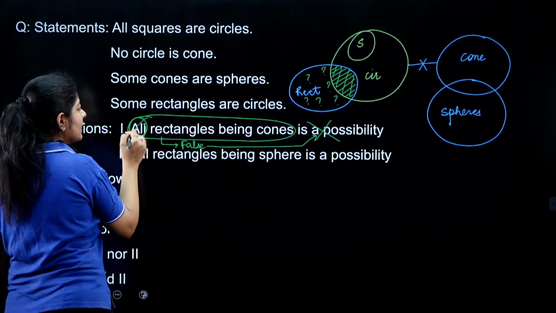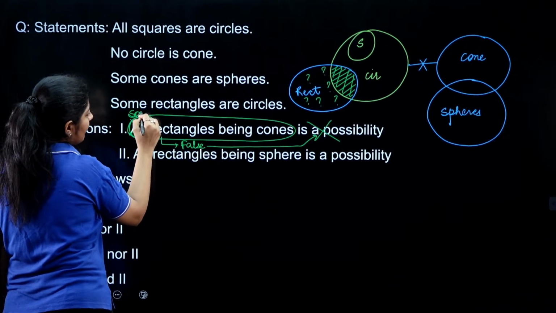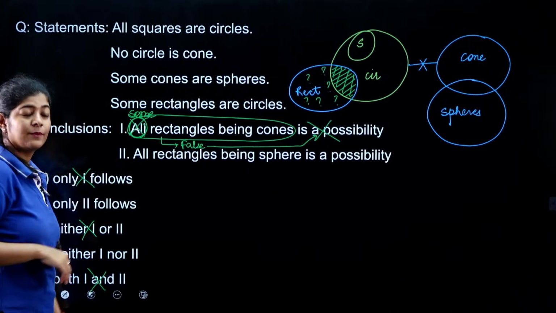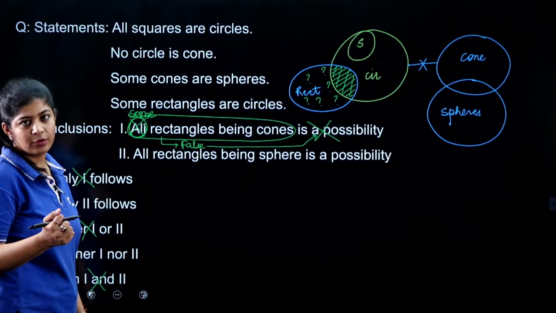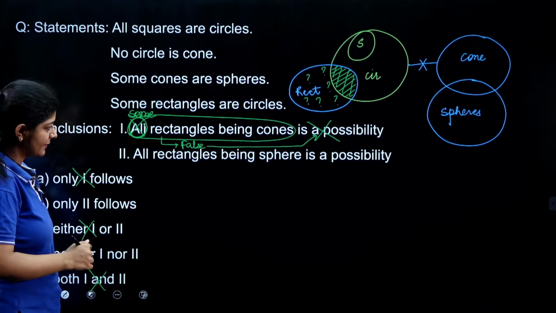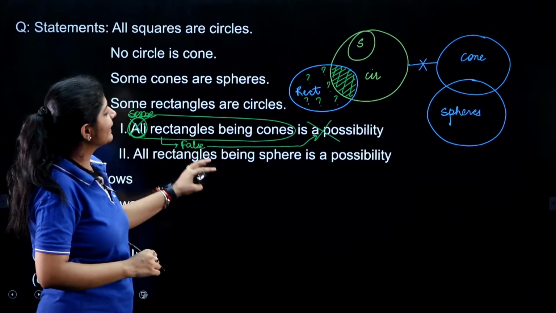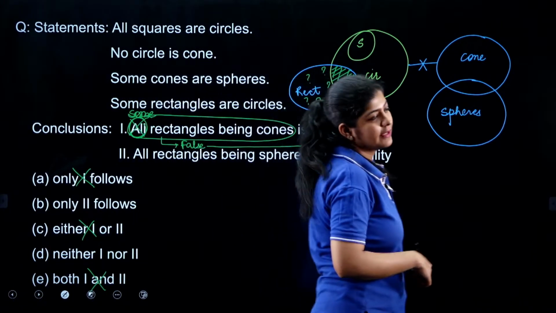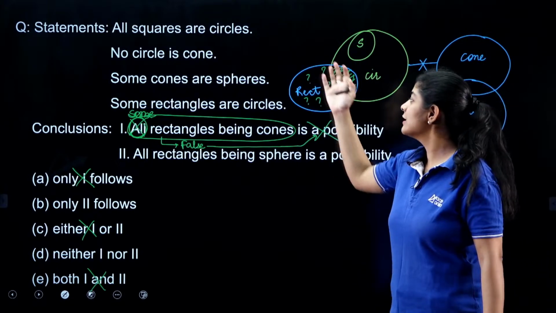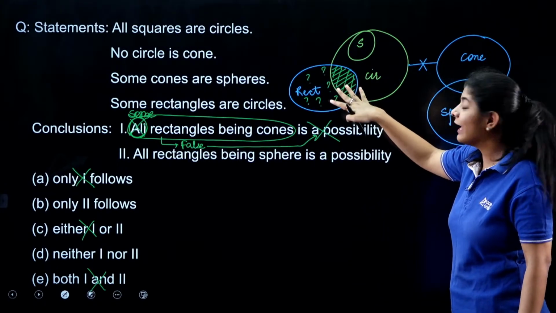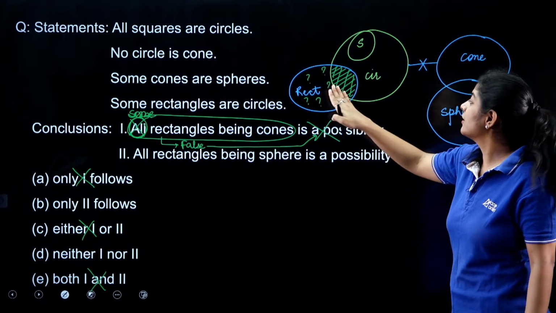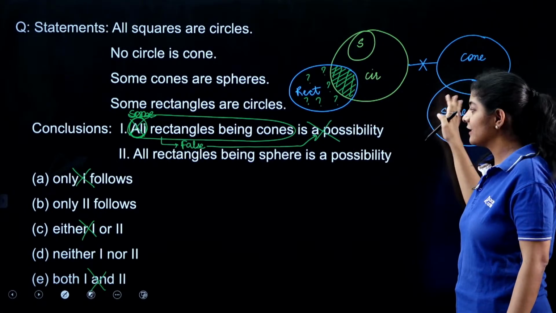But instead of this one, if I had the word some, let's suppose some rectangles being cone is a possibility, in that case that possibility is true, right? Next, all rectangles being sphere is a possibility. Can we say that? Yes, because for the rectangle, even this part also, we are not having any negative relation in between this rectangle and the sphere.